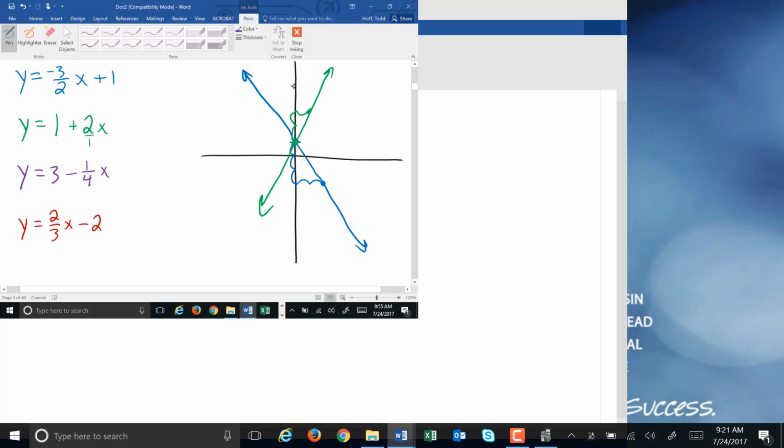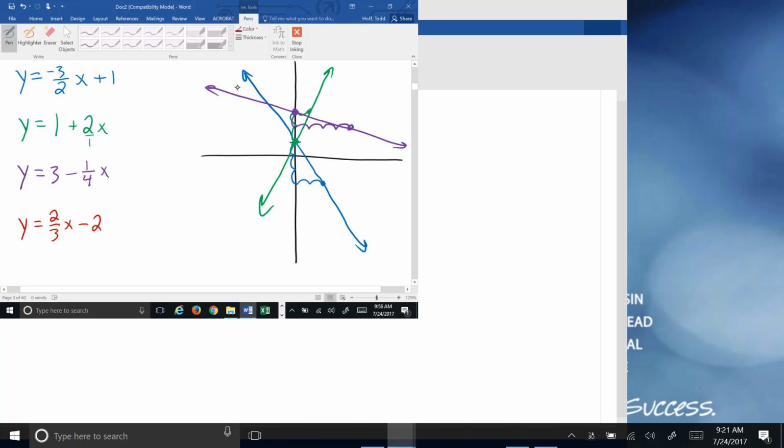Where are we going to start there? At 3 right there. And from there we're going to go down 1, over 4. So we get that line.